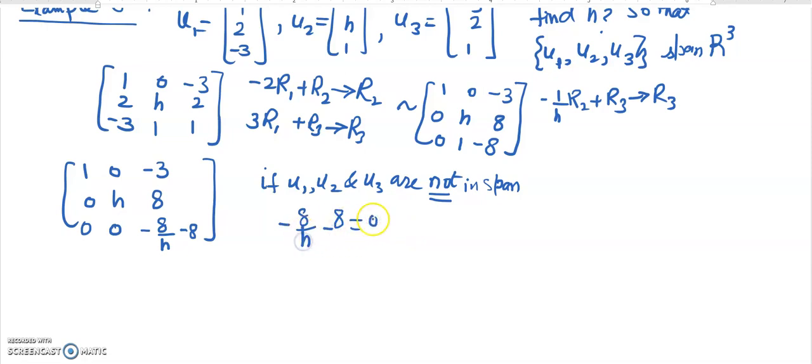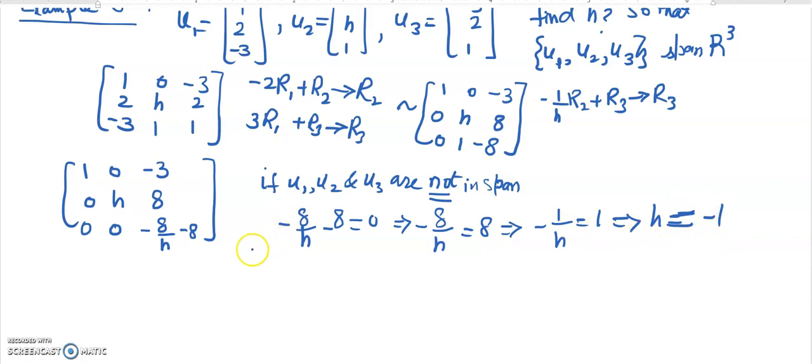From here, minus 8 over h is equal to 8, or minus 1 over h is equal to 1, or h is equal to minus 1.